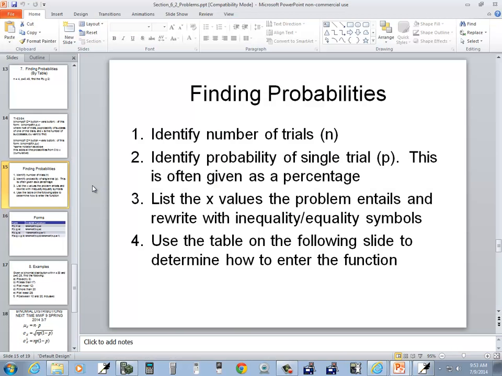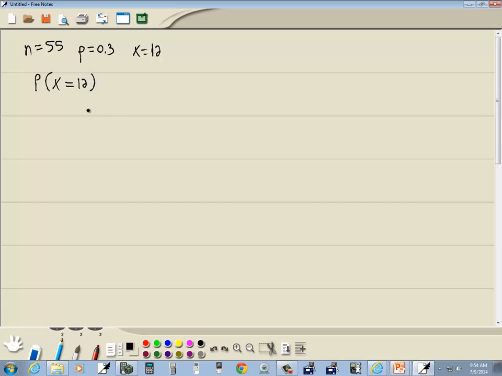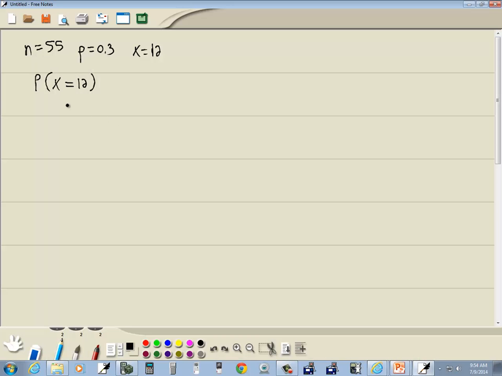It then says, use a table on the following slide to determine how to enter the function. Well, if I come over here, there's 4 possibilities. It can be equal, less than or equal to, greater than or equal to, or between a and b, including. Obviously, this is x equals. So the a that you see in this form right here is going to be the 12.